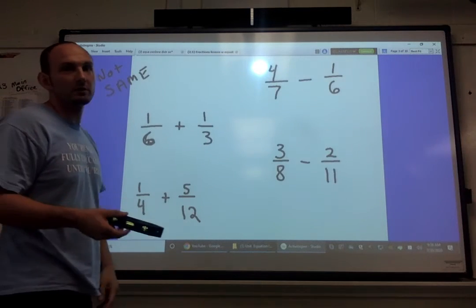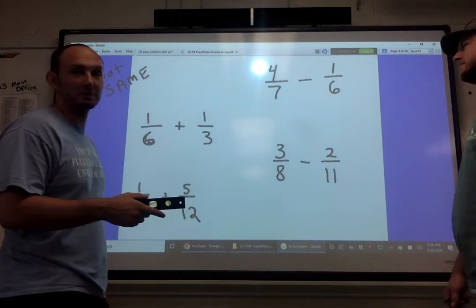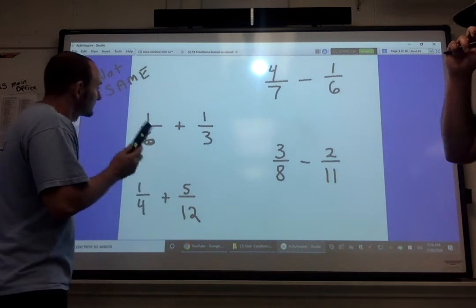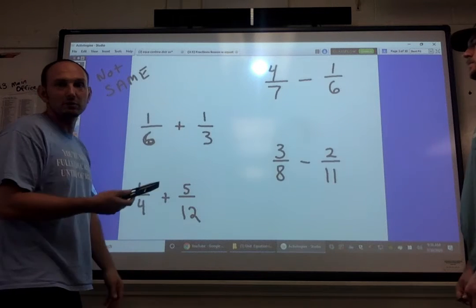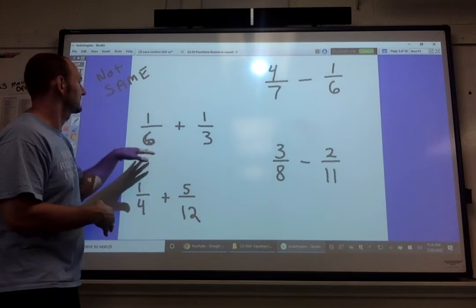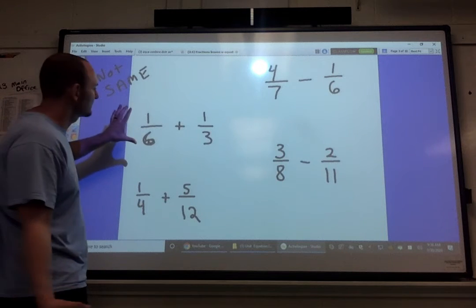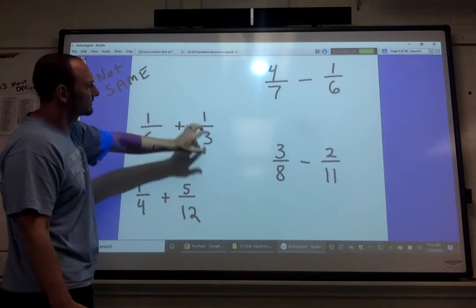All right, so what happens if they're not the same? Ooh. I'm going to level with you. This is the hardest part for some kids. I get it, because you might not know your multiplication table. So what I'm going to do is show you a little trick if you don't know that the common denominator here is 6. So we'll pretend you don't know it. 1/6, 1/3.